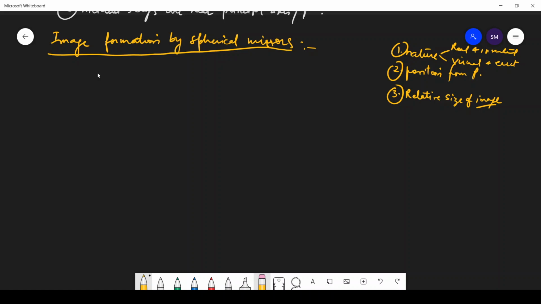Okay. So we'll place the object at different positions, and then we'll find what the relative size can be. If you talk about relative size, the size of the image can be larger, in which case we'll write enlarged image. If the size is the same, then we'll write same size as the object.